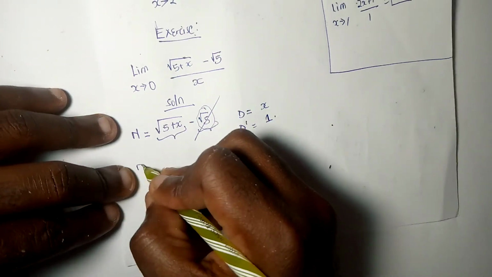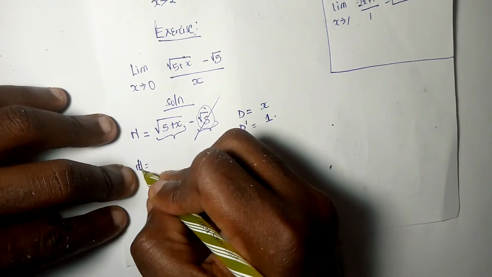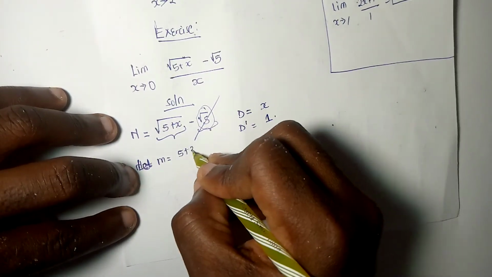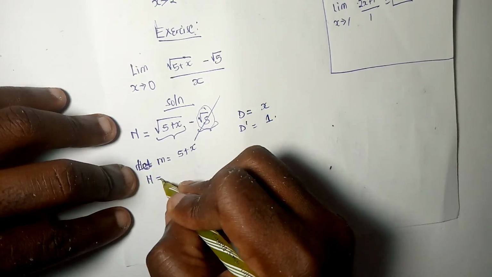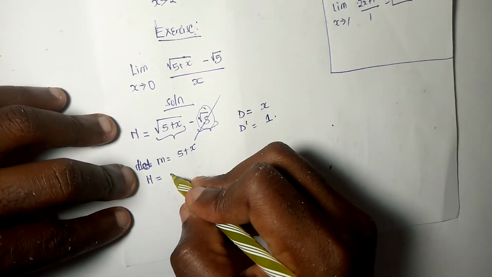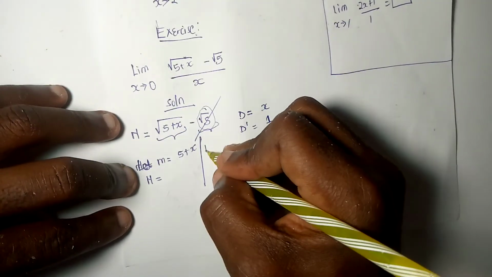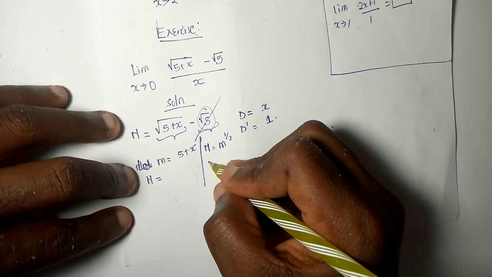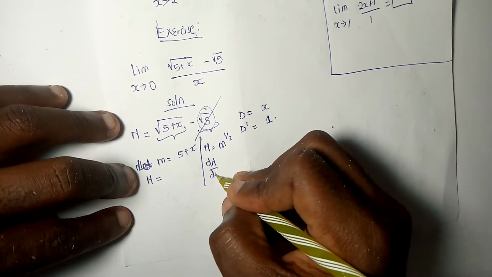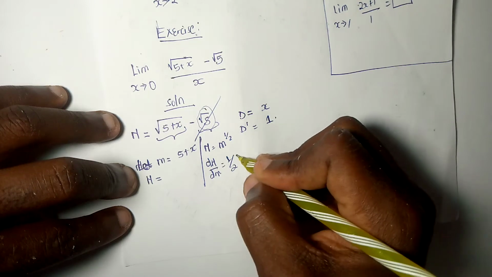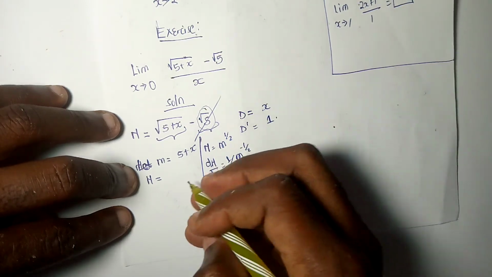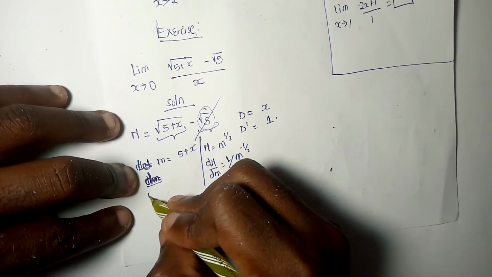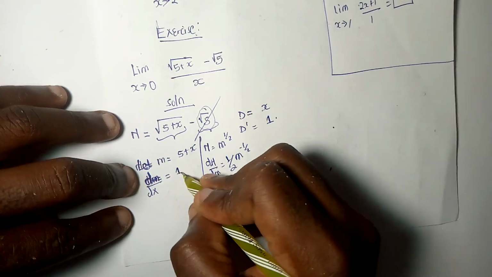Let m be 5 plus x, such that n is m raised to a half. dn over dm is going to give us a half, m raised to minus a half, and dm over dx is going to give us 1.